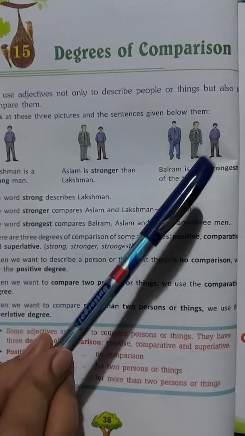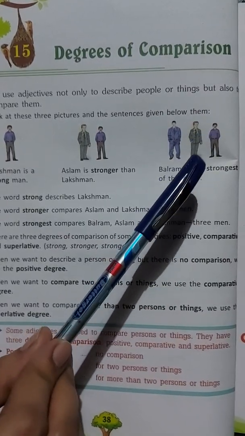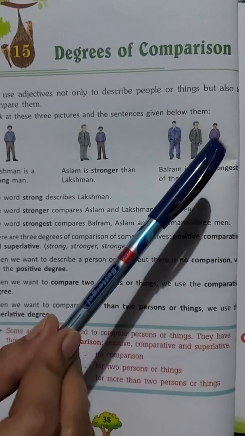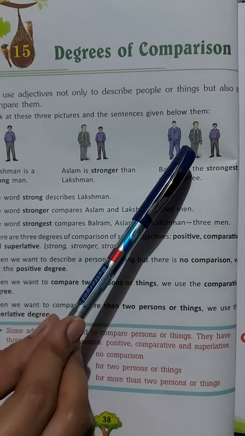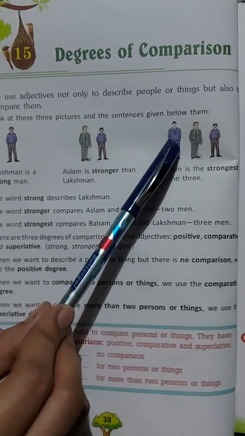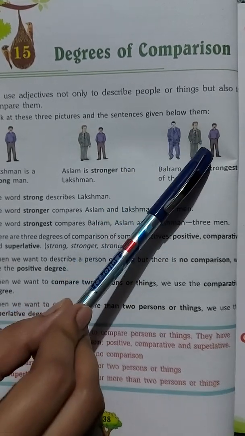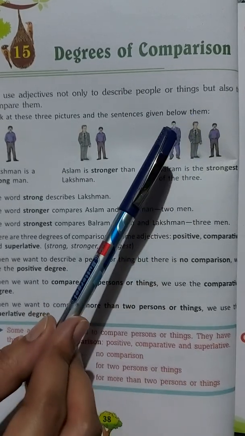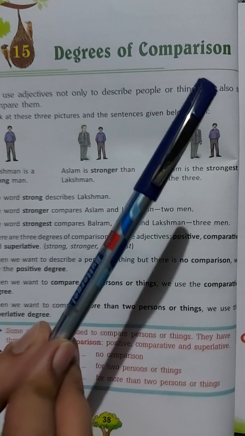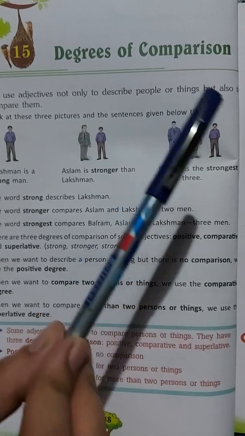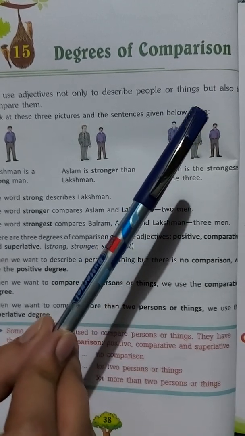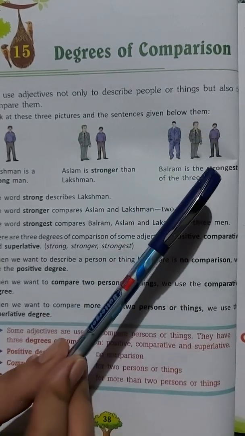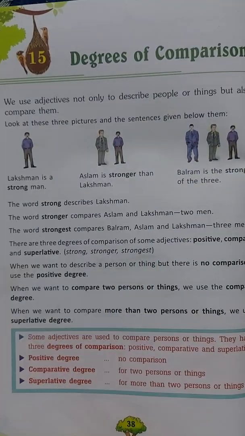And it is used to compare any number more than 2. So over here we are comparing more than 2 men. How many men are there? 3. Right? So they are more than 2. So when we are comparing more than 2 men, we use which degree of adjective? We use the superlative degree of adjective.